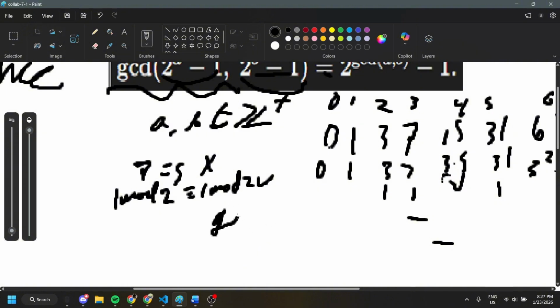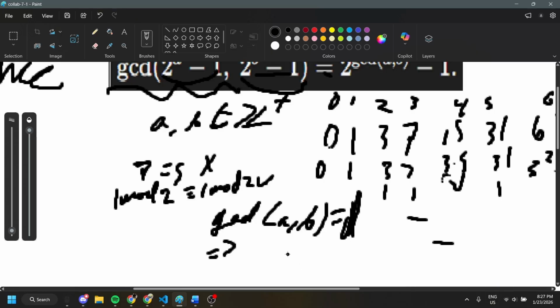If we have the GCD of A and B, the greatest common divisor of A and B, let's say that's equal to D, the divisor.